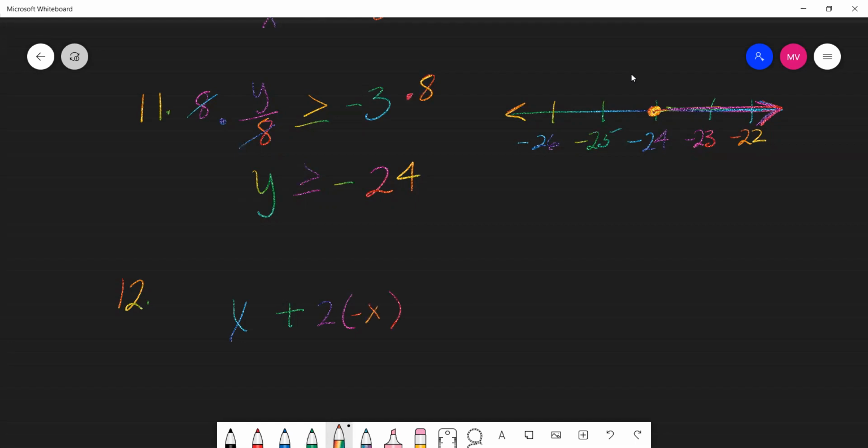Is at most 15. So what does our inequality look like? Can it be 15? Yes. Yeah, it does not exceed. So whatever it is, it must be less than or equal to 15. So now we solve.